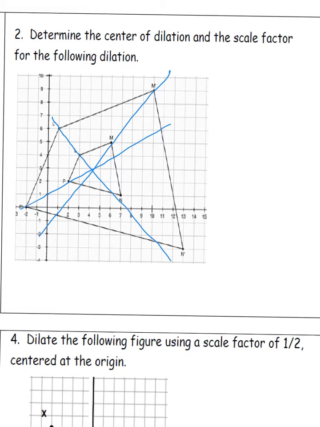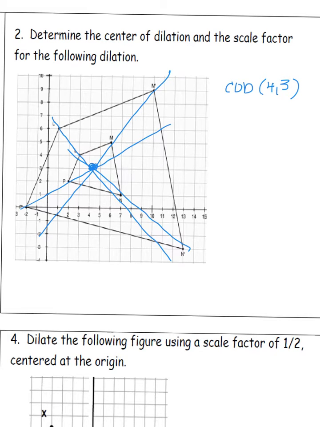I'm going to connect my N's. So it looks like I'm crossing somewhere about here, which looks like 4, 3. So my center of dilation is at 4, 3. And that's where all the lines cross.